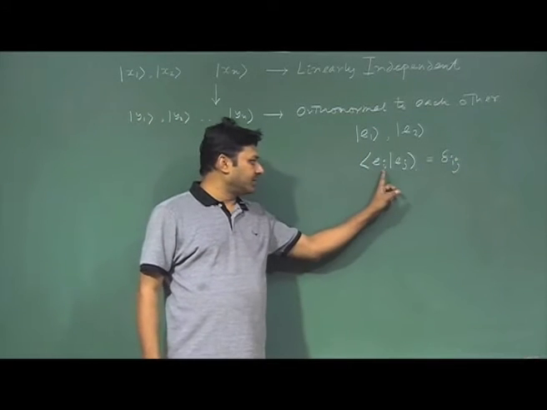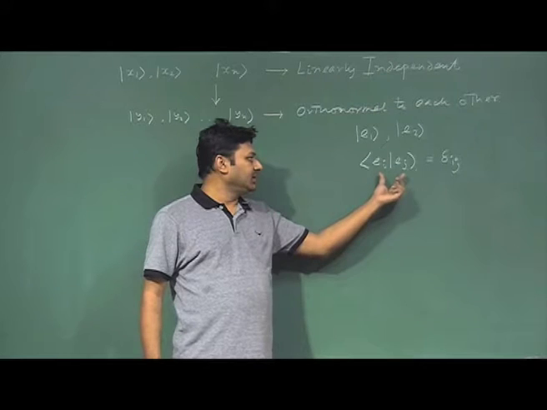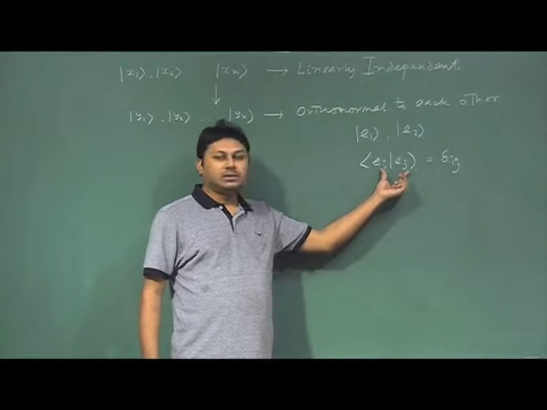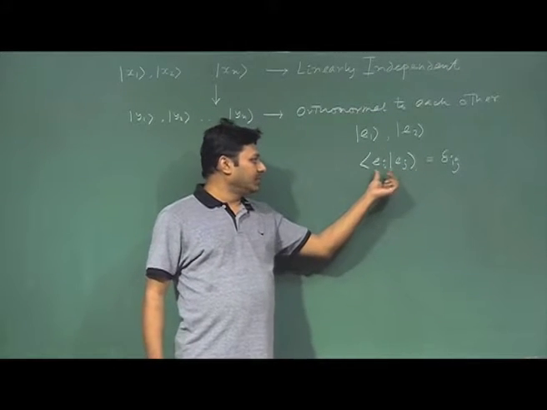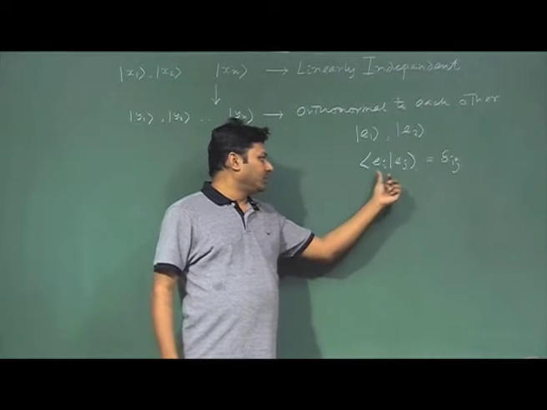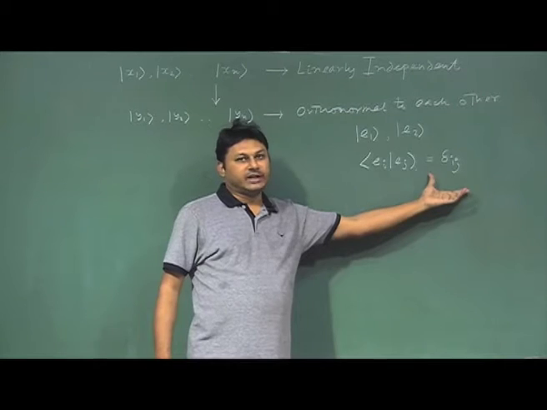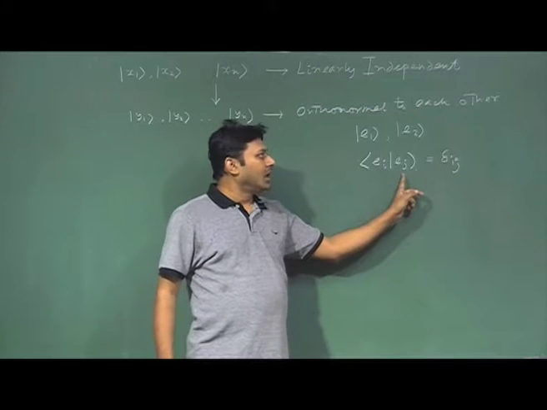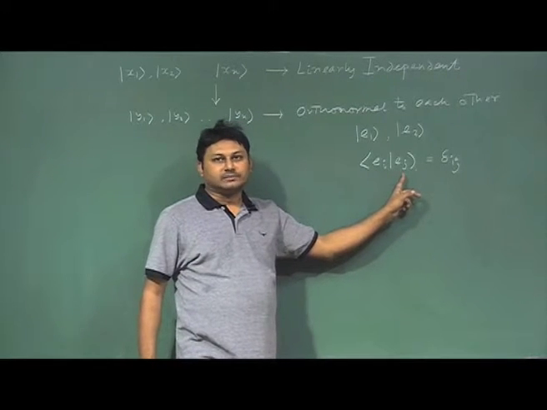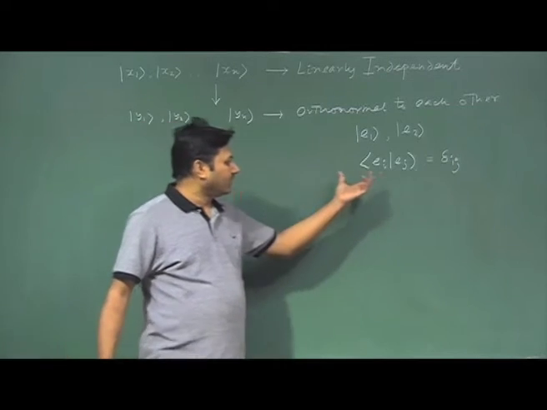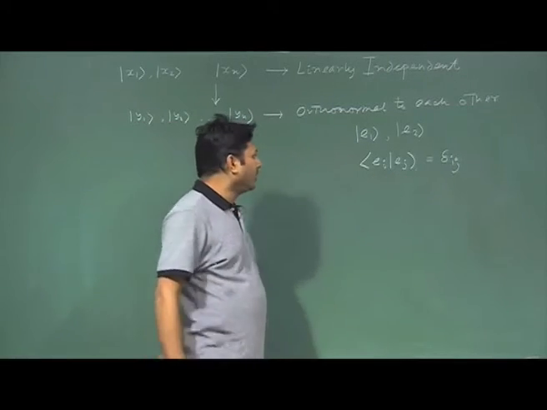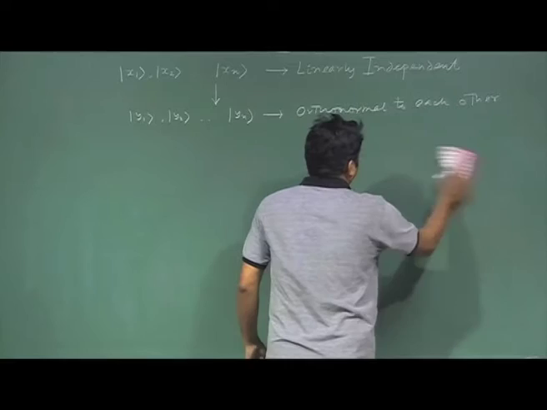So when I put the same index, that means (e1, e1), it will give 1. If I put (e2, e2), it will give 1. But if I put (e1, e2) or (e2, e1), it will give 0. That means e1 and e2 are normal to each other. Not only that, their norm is 1. So that is called orthonormal or orthonormality.